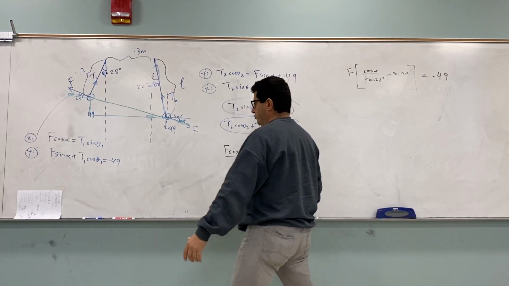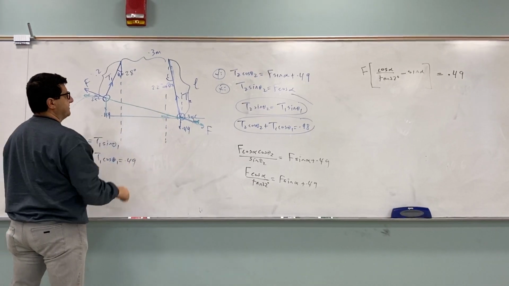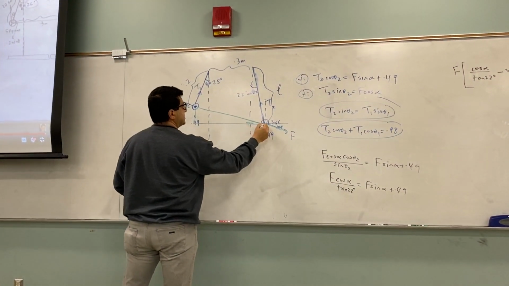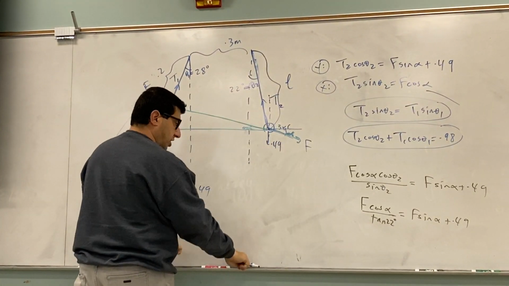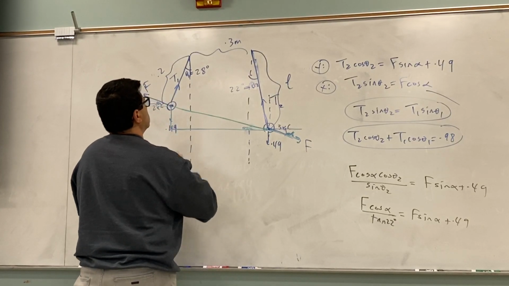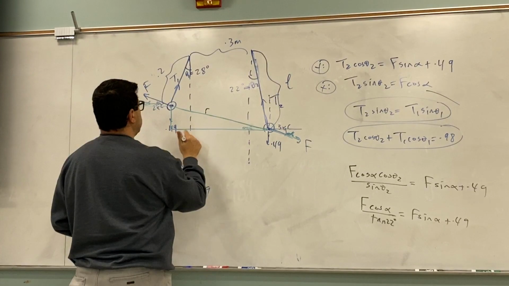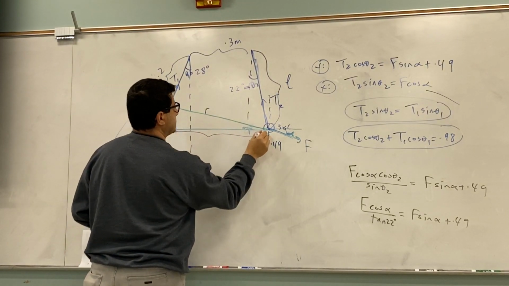Okay, now we do the geometry of this. We say, okay, what's alpha? So now the distance between the two charges we call R, okay? And then alpha is gonna equal, let's see here, let's calculate this distance.